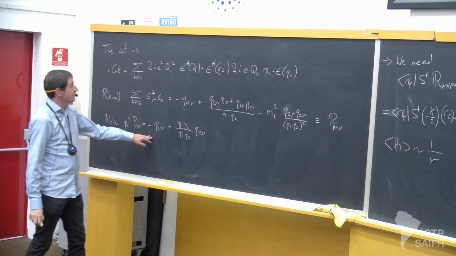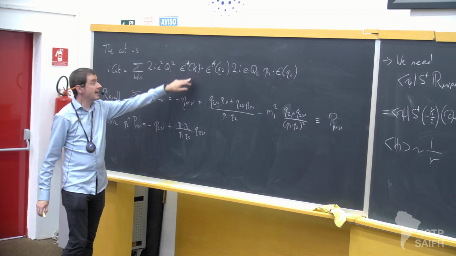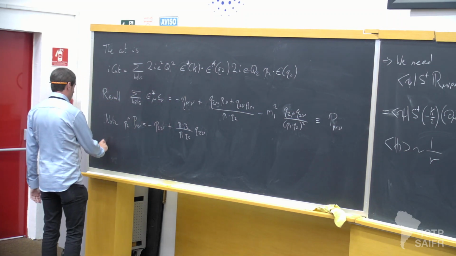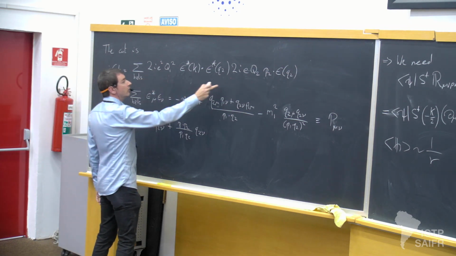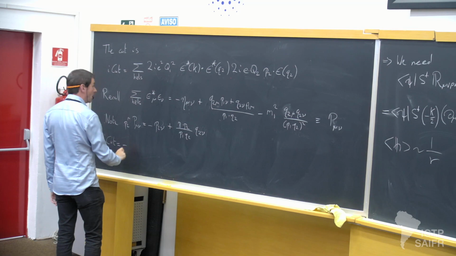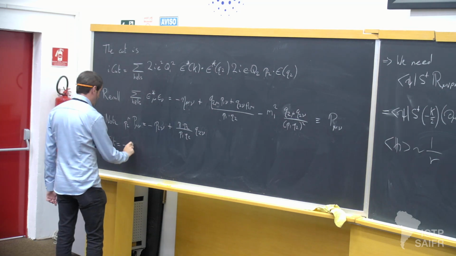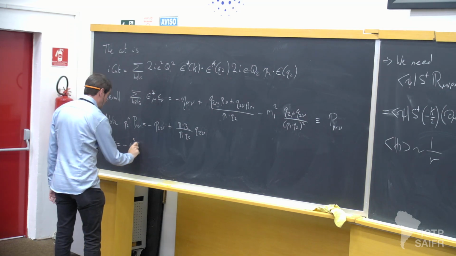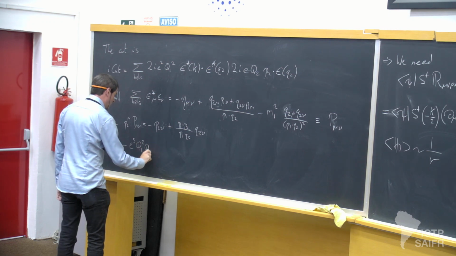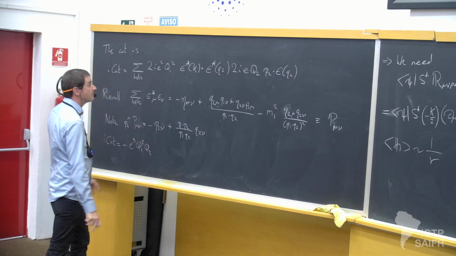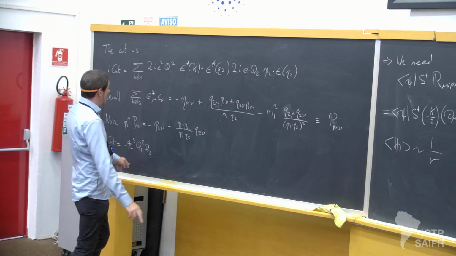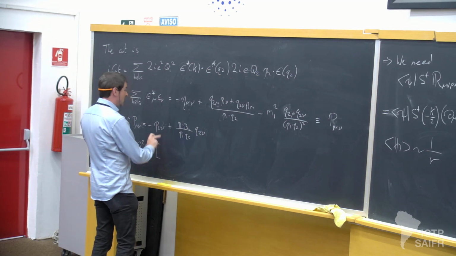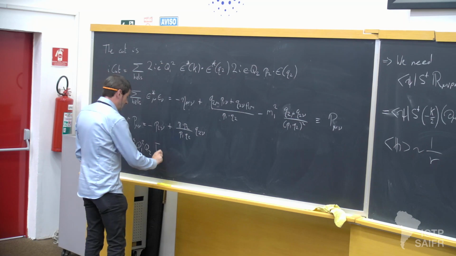So this thing just ends up dotted with epsilon of k, and your cut is equal to, there's some minus sign there, minus e cubed q1 squared q2 is a factor of 4. Okay, so let's flip that sign.